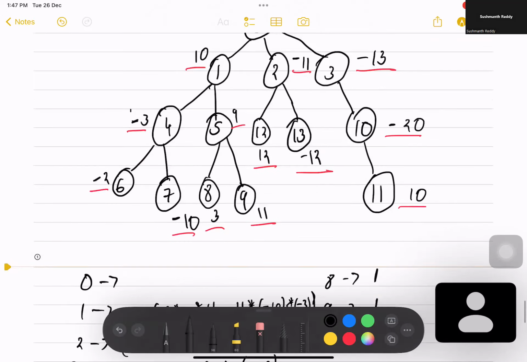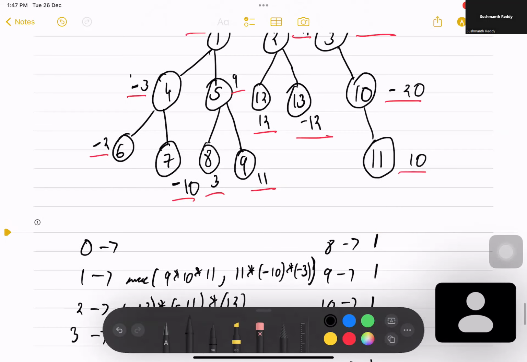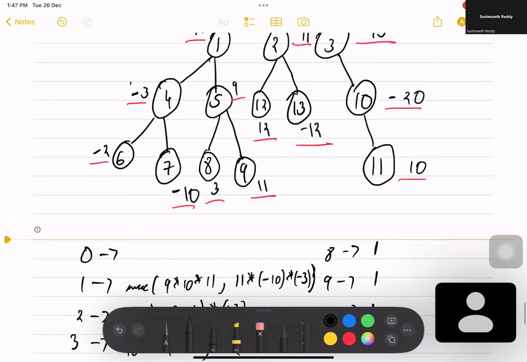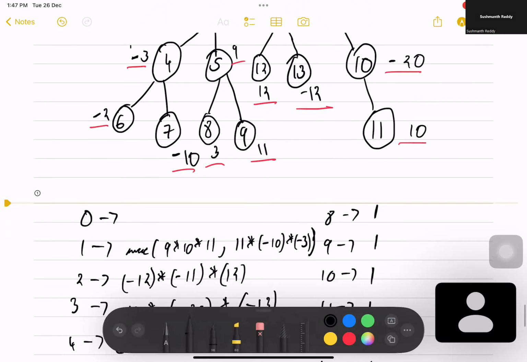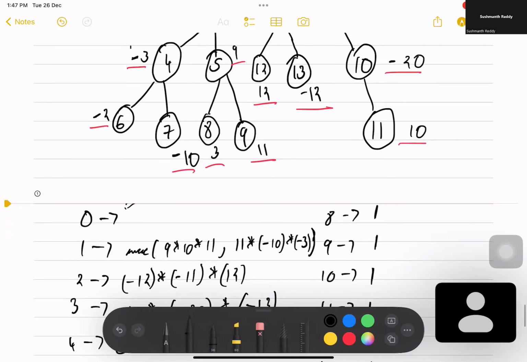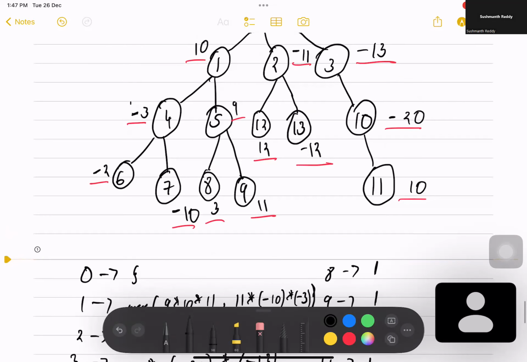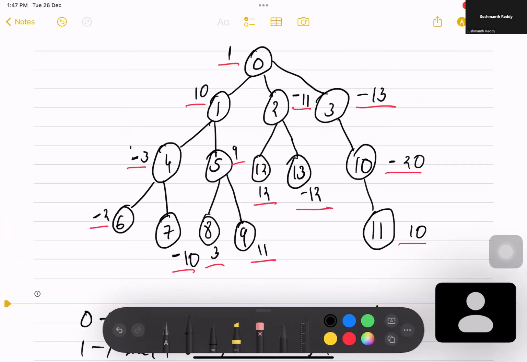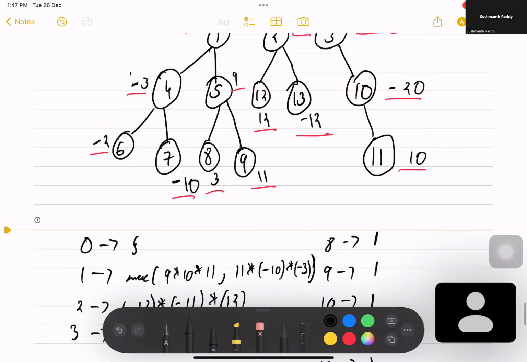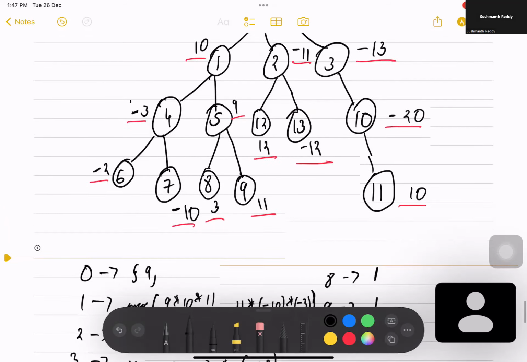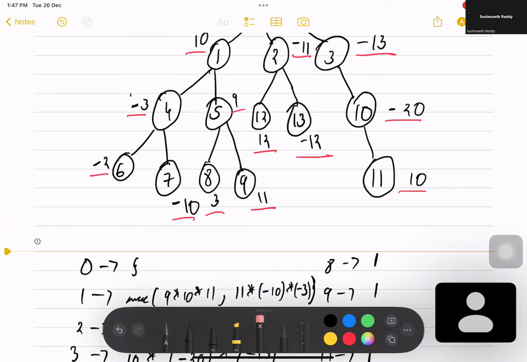And for 0, if you look over, the maximum 3 positives that we have are, okay, not 9, we have 10, 11 and 12.